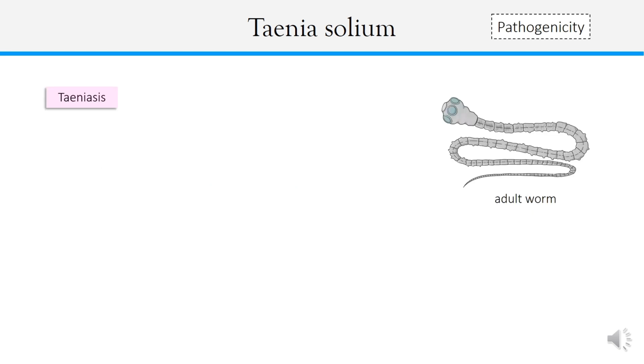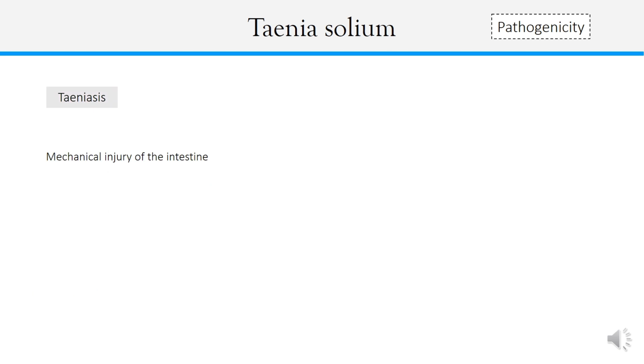Now let's speak about pathogenicity of Taenia solium. So this is the adult worm again, and the name of the disease that is caused by the adult worm is Taeniasis. Pathogenic mechanisms are mechanical injury of the intestine.